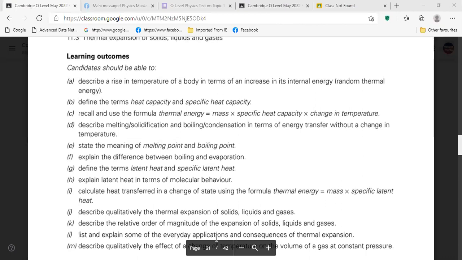Or you can say what you know about boiling. Just share your ideas with us, then we can add something more to your discussion. Mariam, do you know anything about boiling?